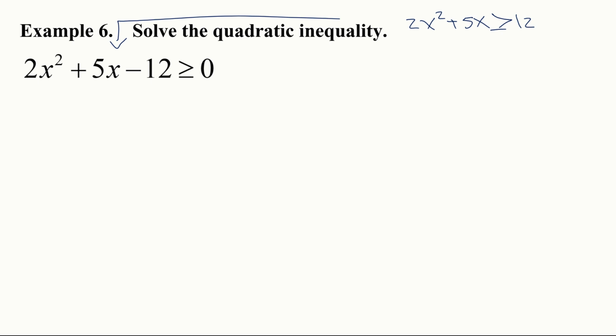And now we're going to go ahead and proceed with factoring. One thing that's also helpful is if that lead coefficient is negative, you should multiply both sides by negative 1 to turn it into a positive, which would of course reverse the direction. But here we don't have a lead coefficient that's negative, so we don't need to worry about that.